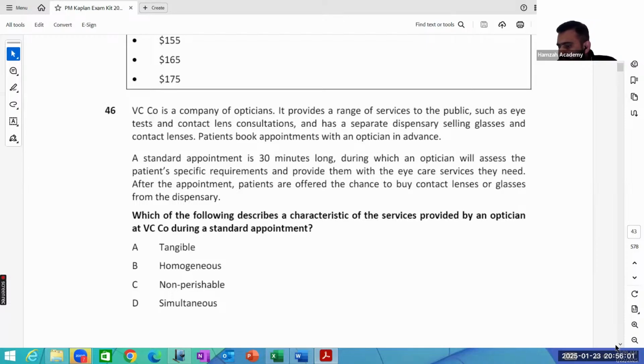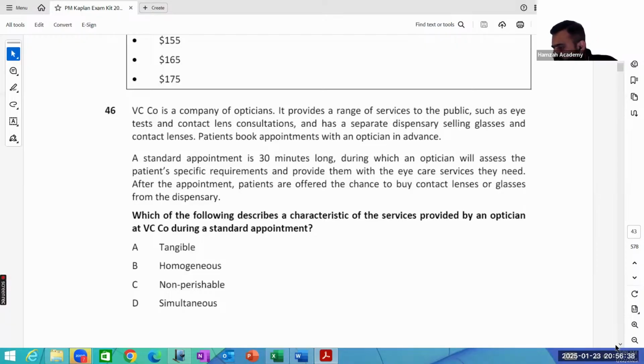VC company is a company of opticians who provide a range of services to the public such as eye tests and contact lens consultation, and has a separate dispensary selling glasses and contact lenses. Patients book an appointment with an optician in advance. The standard appointment is 30 minutes long, during which the optician will assess the patient's specific requirements and provide them with the eye care service they need. After the appointment, patients are offered the chance to buy contact lenses or glasses from the dispensary.